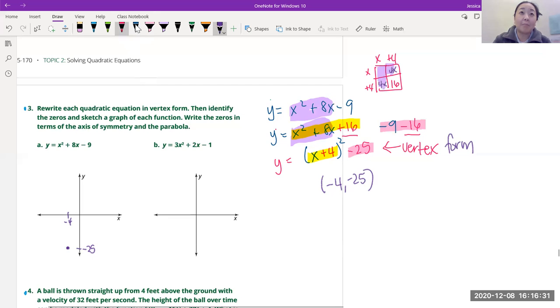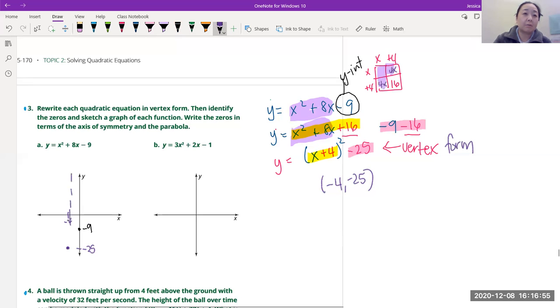And looking at my standard form, this is my y-intercept right here, right? So if that's -25, let's say about that, this is going to be -9, right? So I know if this is my vertex, my AOS is literally on that vertex.